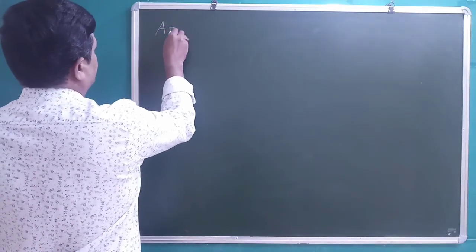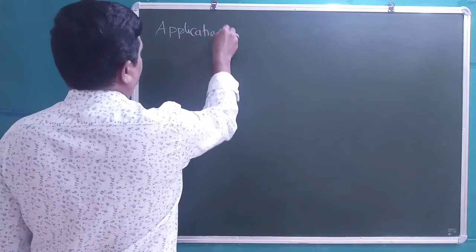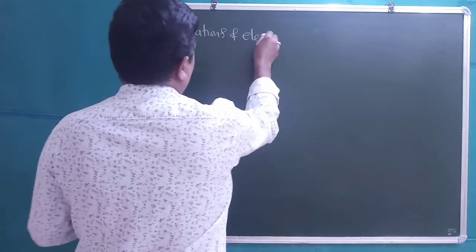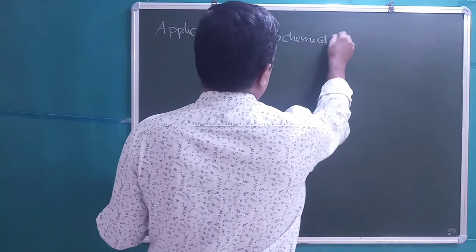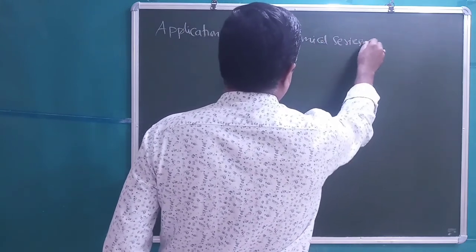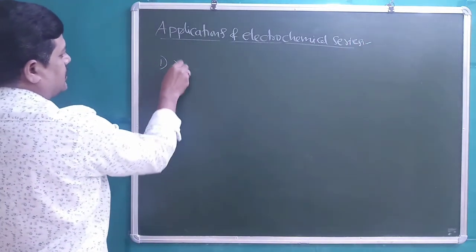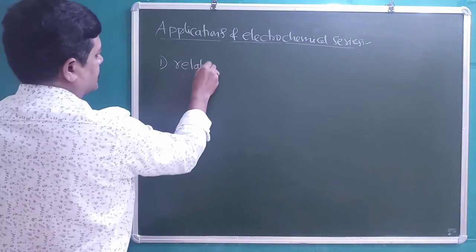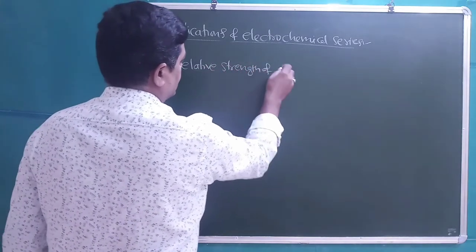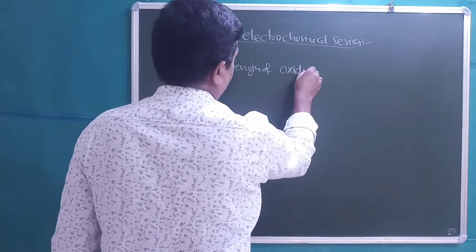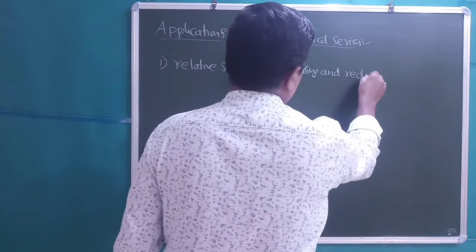Applications of electrochemical series. First application is relative strength of oxidizing and reducing agents.